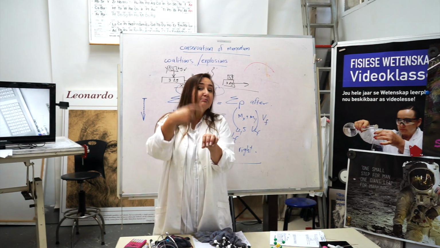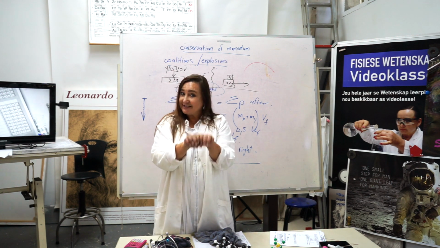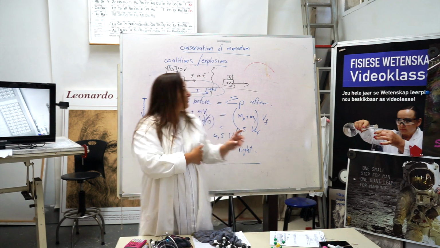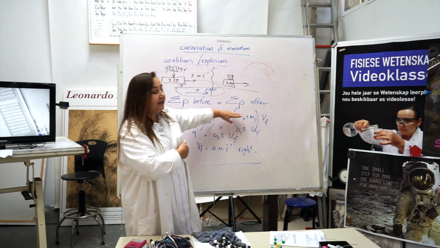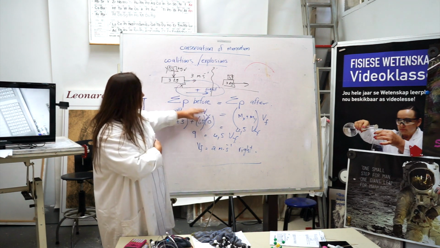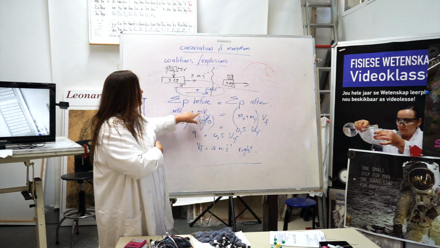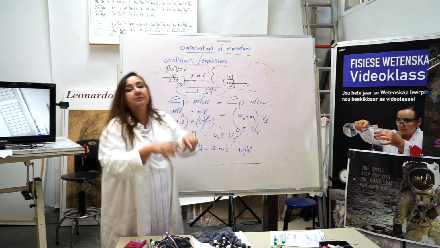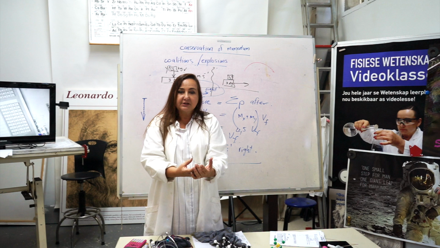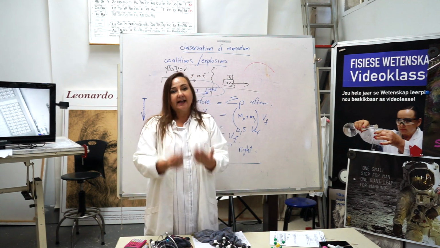So your momentum before would equal 0, but still show it. You have to start with your formula, get your mark for your formula, and then say, okay, they are both standing, velocity 0 because they were standing still, so that equals total momentum before as 0.